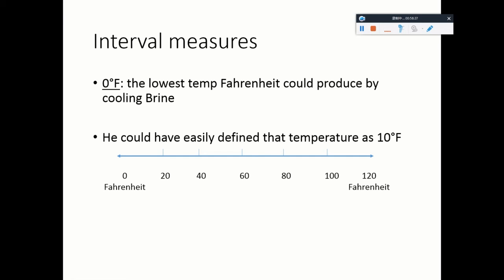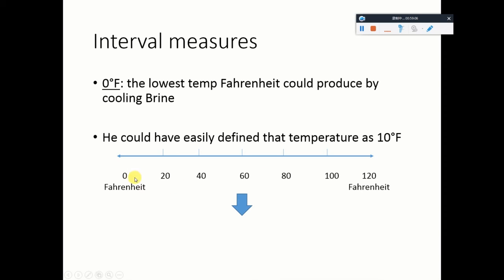And if he did that, right? So this is the Fahrenheit scale that we have nowadays. But let's imagine he treated 10 degrees Fahrenheit instead of 0 as the lowest temperature that he could produce chemically. What might this scale look like?